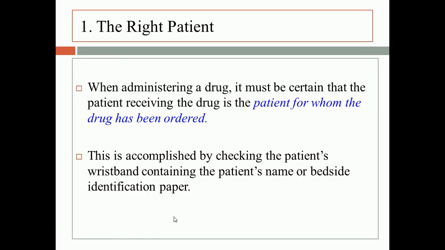So the right patient. When we say it is the right patient, when administering a drug, it must be certain that the patient receiving the drug is the patient for whom the drug has been ordered. This is accomplished by checking the patient's wristband containing the patient's name or bedside identification paper.